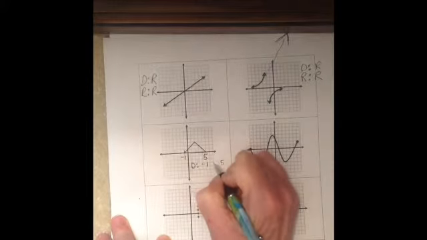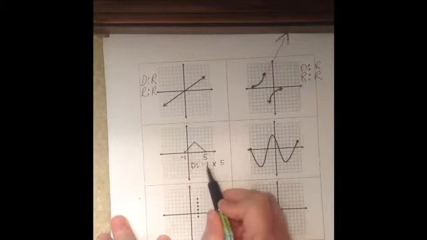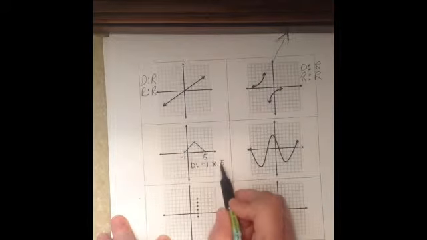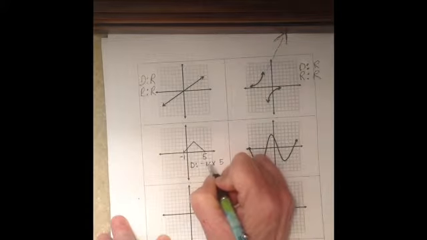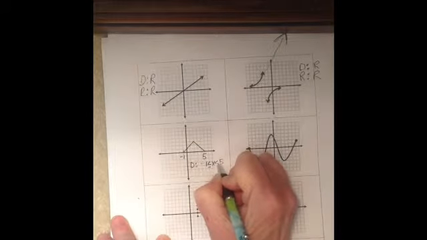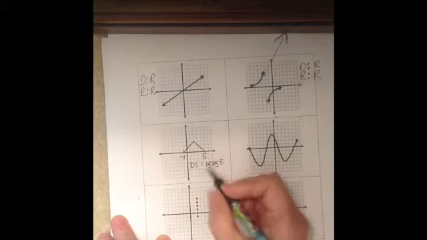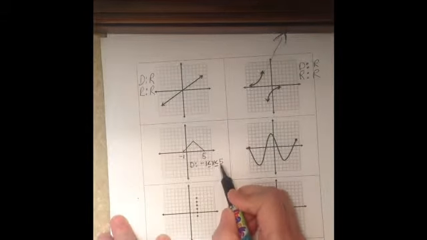My x is in between them. That means x's are bigger than -1 and the x's are less than 5. So the way you write it is, remember, the sign eats the bigger number. So it'll be -1 less than or equal to x less than or equal to 5.